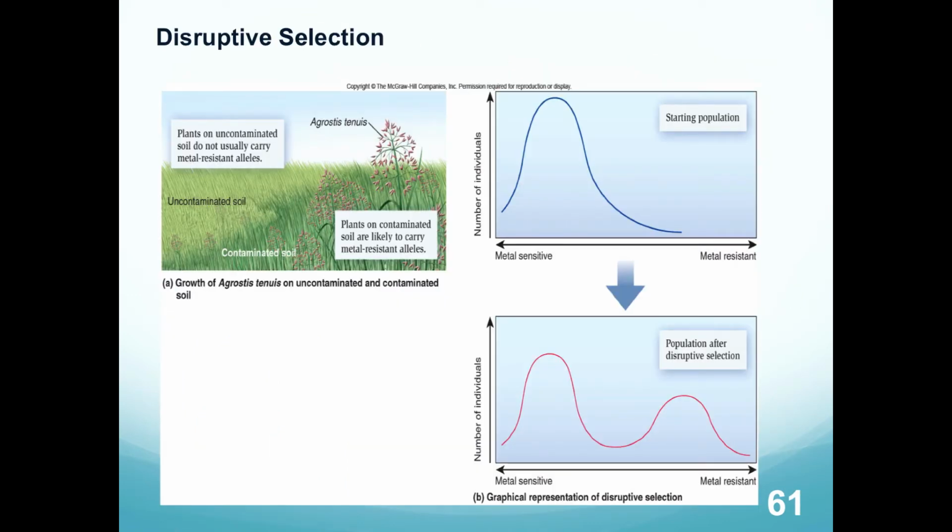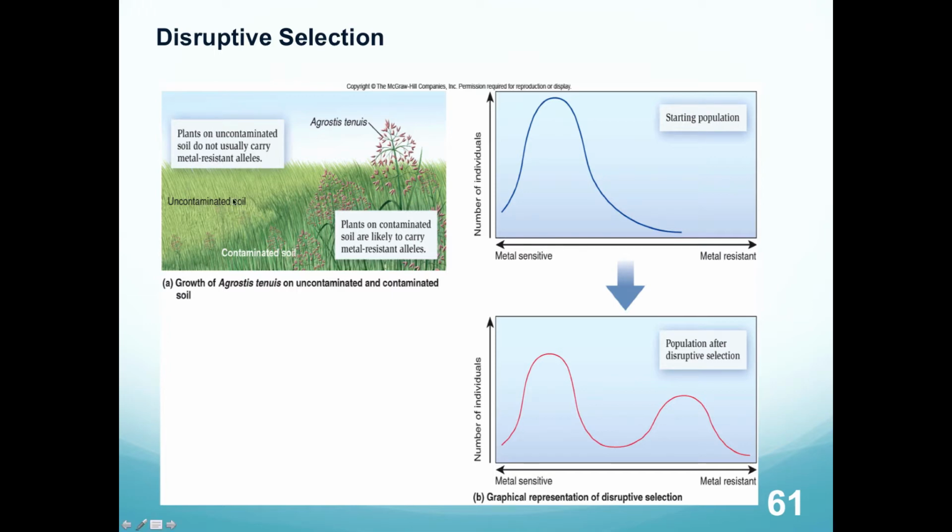An example of disruptive selection is seen in grasses that live on contaminated soils. A grass population that's growing in soils that are bearing heavy metals will adapt to those conditions and develop the genetic qualities that allow them to deal with those heavy metals.